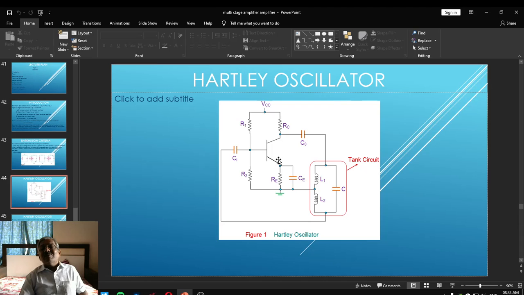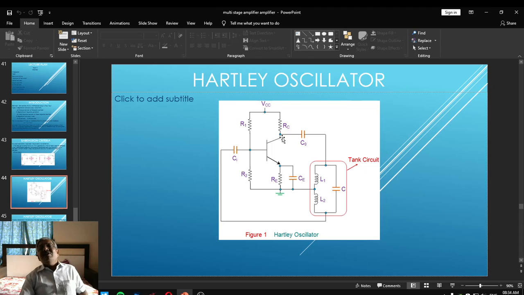Thus, the electrical oscillations are set up. Electrical oscillations are sustained by the charging and discharging of the capacitor and also the building and collapsing of the magnetic field across the inductance L, which are fed back to the input. This provided feedback signal will be amplified by the amplifier formed by the BJT and its respective passive components.